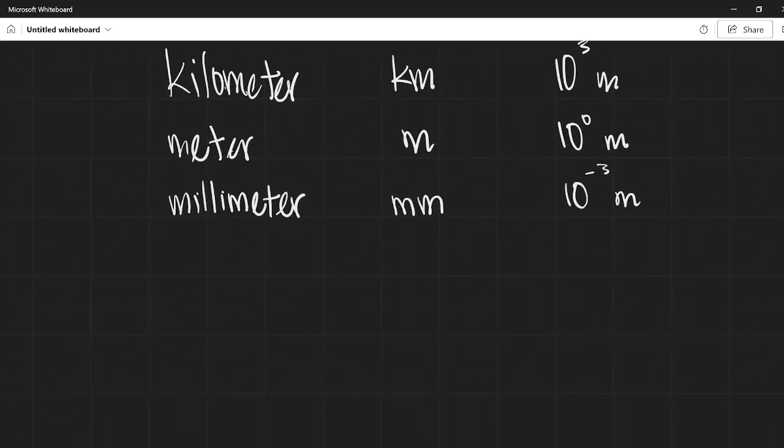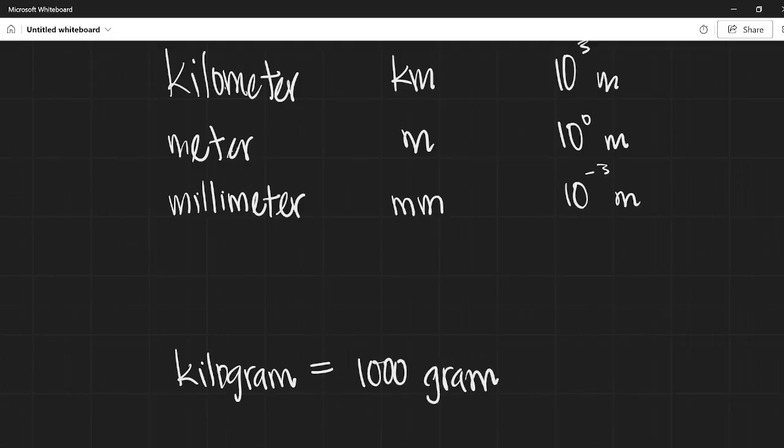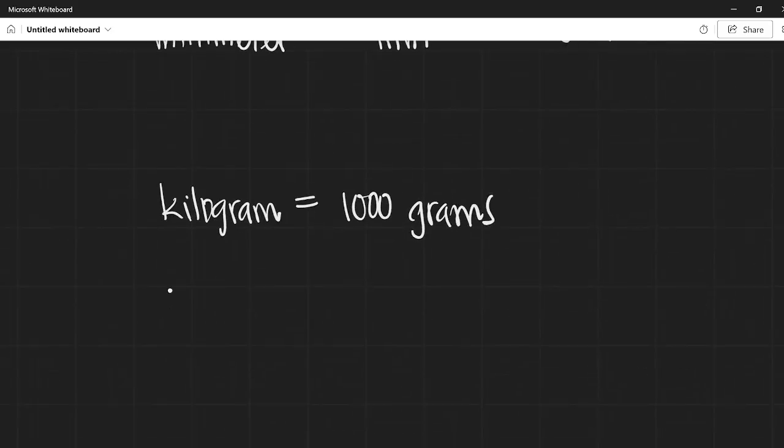And we do the same thing with units of mass. So we have a kilogram, that's just going to be equal to 1,000 grams. A more compact way to write this is to say 1 kilogram equals 1,000 grams. And we just use the symbols and the quantities.